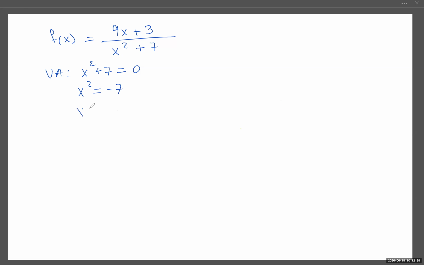If you take the square root of both sides, you'll get x equals plus or minus square root of negative 7. Now, the square root of a negative number is not real. This is an imaginary number, which means that it is not going to show up on a real graph. So there is no vertical asymptote for this example.